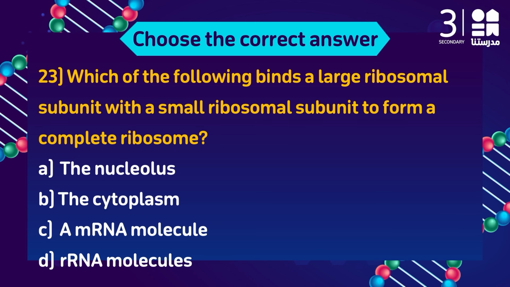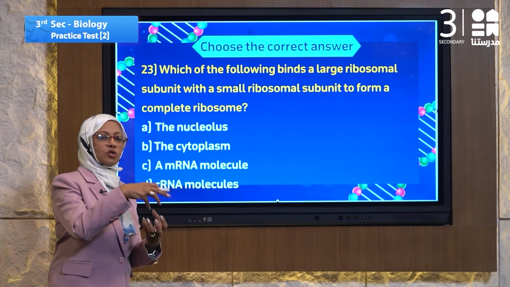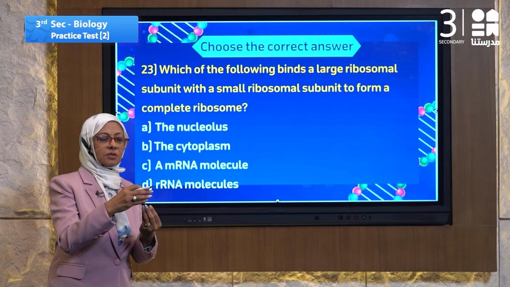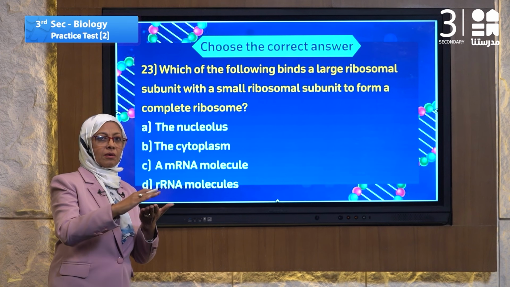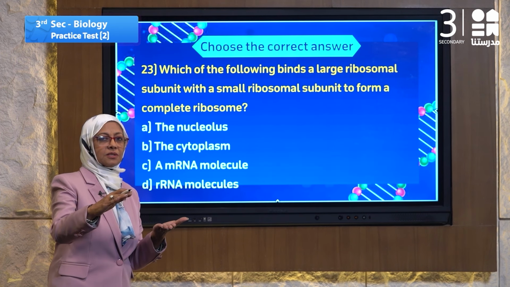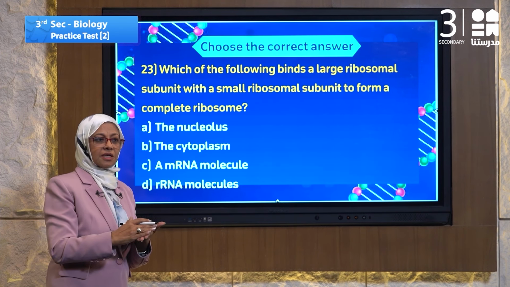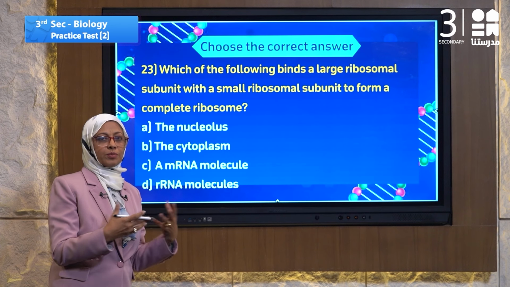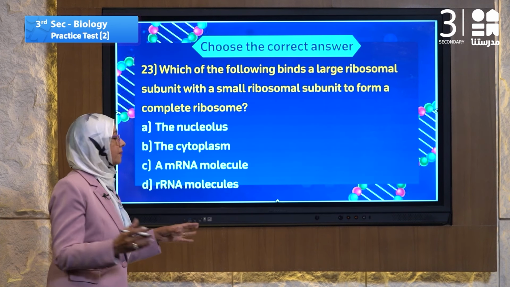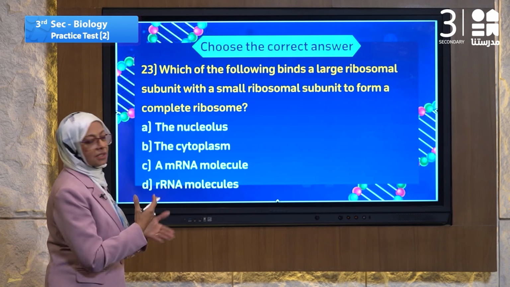Which of the following binds a large ribosomal subunit with a small ribosomal subunit? The ribosome consists of two parts, a large part and a small part. Between them the messenger RNA passes to make a specific protein. So let's read it again.